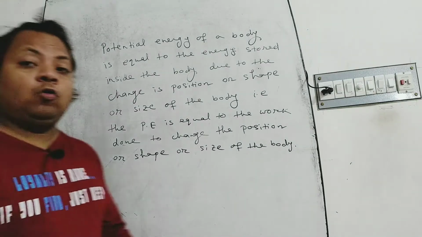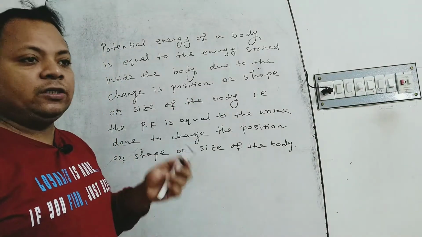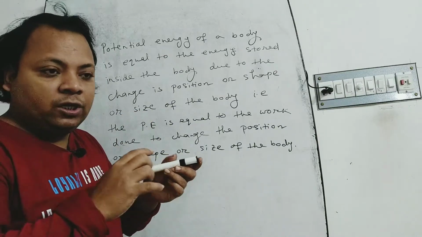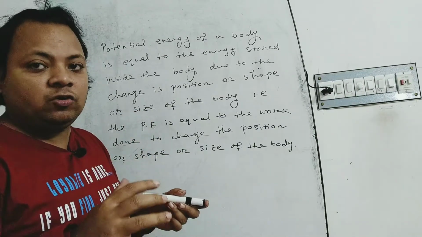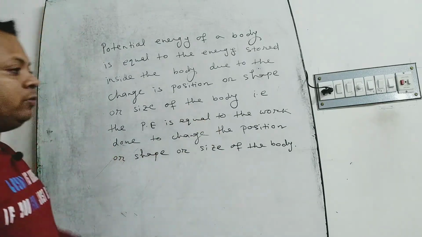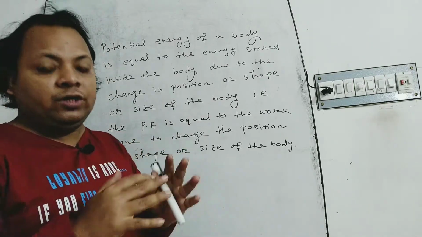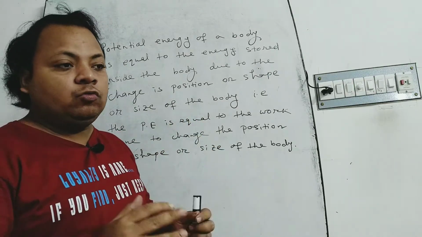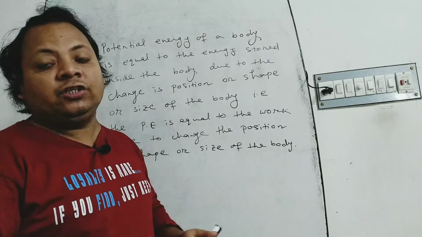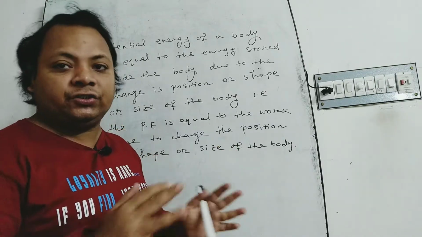That is, when we lift a body against gravity, then some potential energy is stored inside the body. This energy is equal to the work done to lift the body. When we stretch a string, then some potential energy is stored inside the body due to the stretching of the string, or the work done against the elasticity of the string.